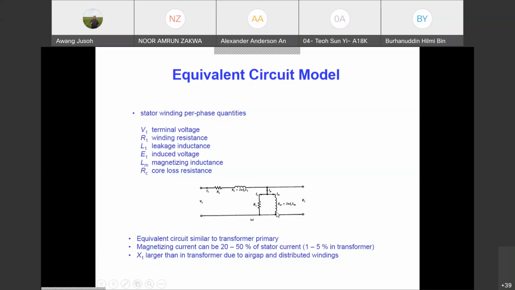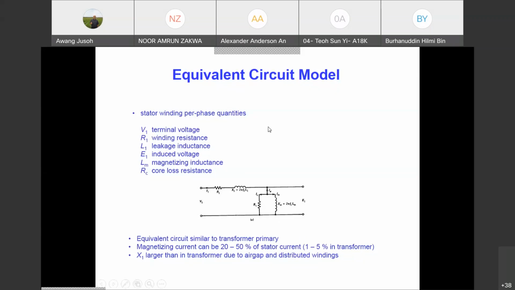That's why we need more current to overcome it. Understand? If your stator current is, for example, 1 ampere, that means about 0.5 amps is required to set up flux in the machine.